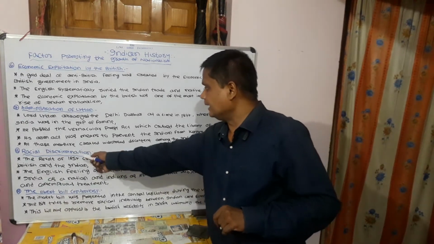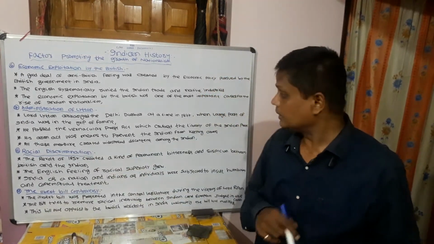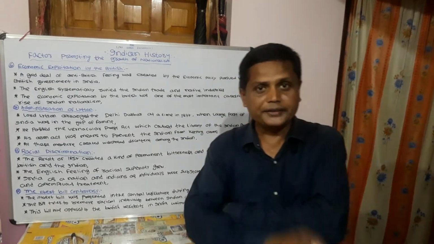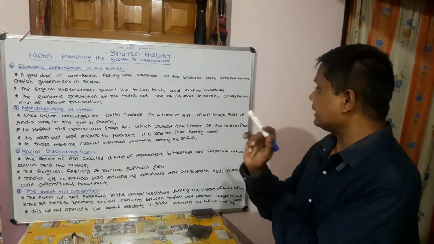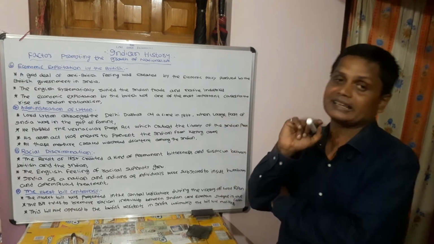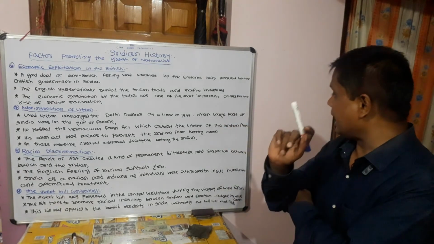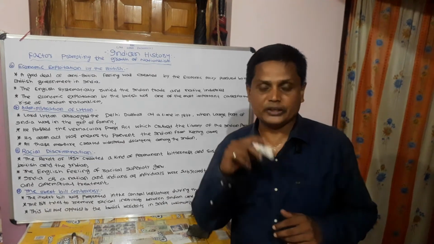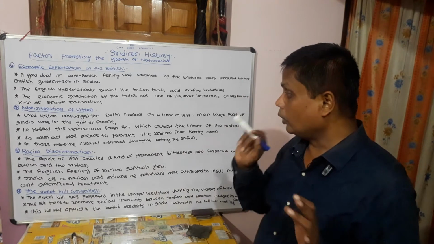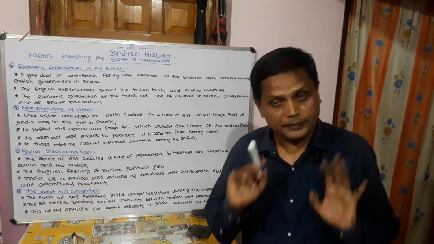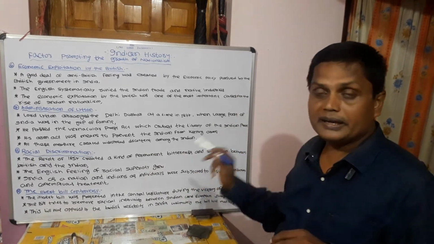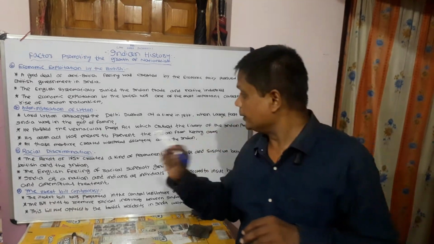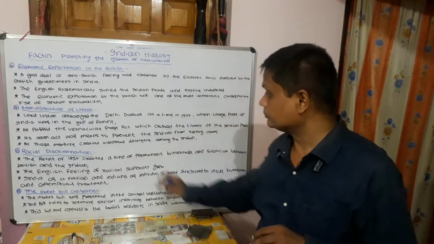Next, racial discrimination. The revolt of 1857 created a kind of permanent bitterness and suspicion between the British and the Indians.